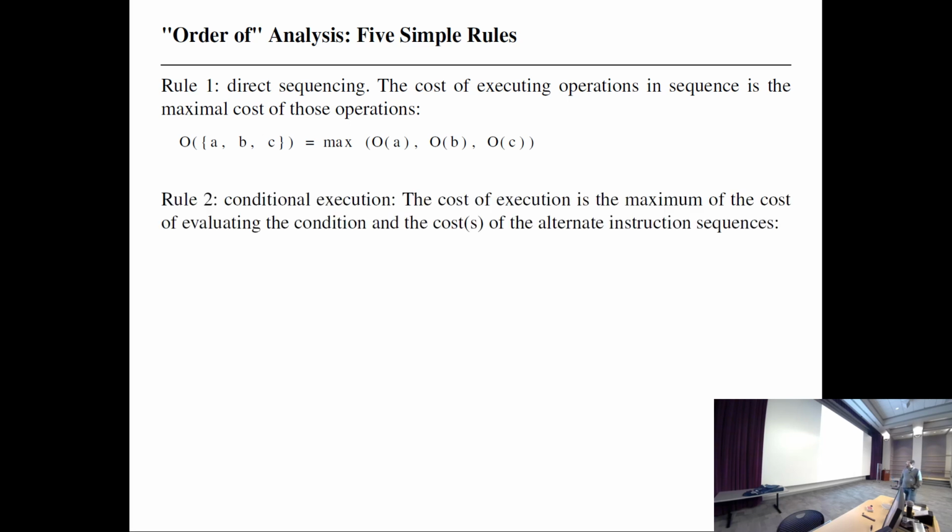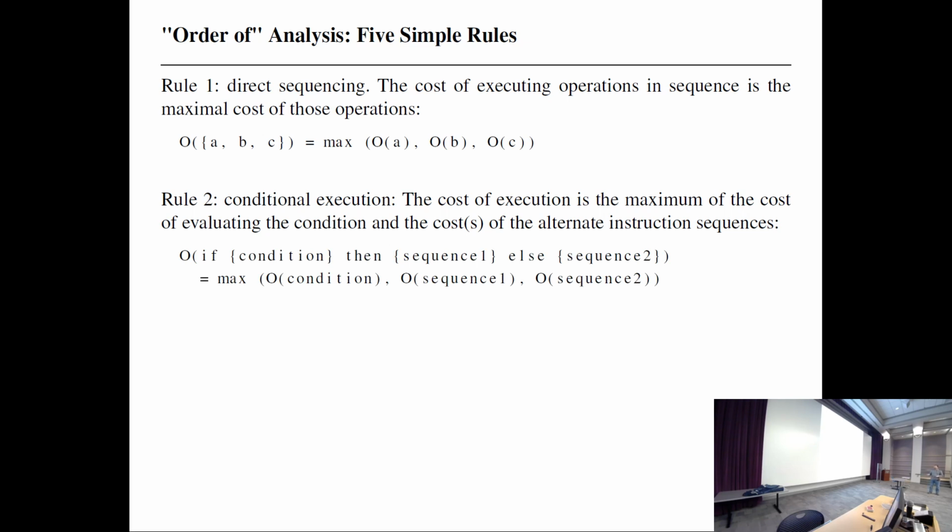Second rule, conditional execution. The cost of executing a conditional expression is the maximum cost of evaluating the condition and the expression. Take a simple if statement: if condition, do something, else do something else. It is the maximum of the cost of the condition evaluation and doing sequence 1 and doing sequence 2.